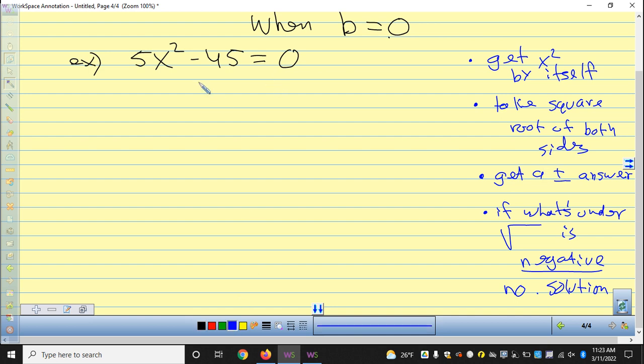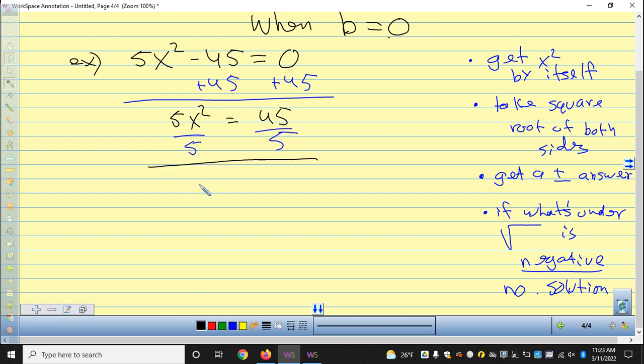I'm going to add 45 to both sides. And when I do that, I get 5x squared, these go away, equals 45. Divide by 5. And I get x squared equals 45 divided by 5 is 9.